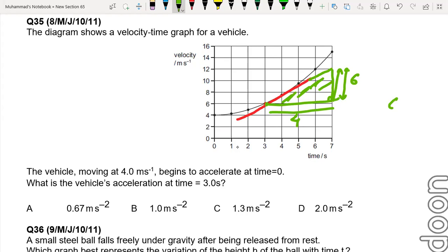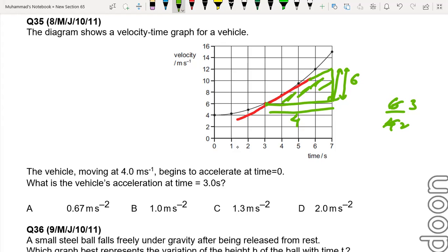So 6 over 4 is 1.5. The closest value to 1.5 is 1.3. You can calculate.